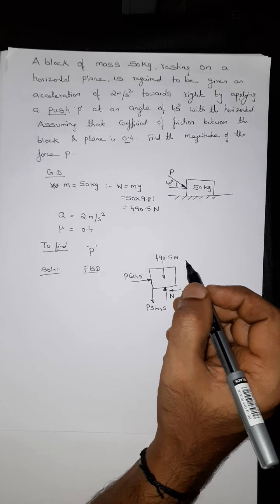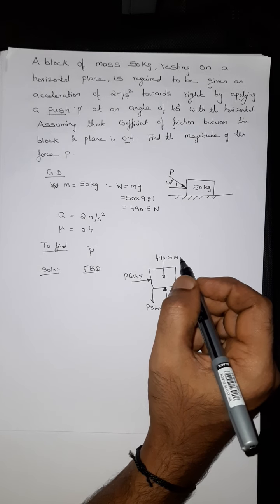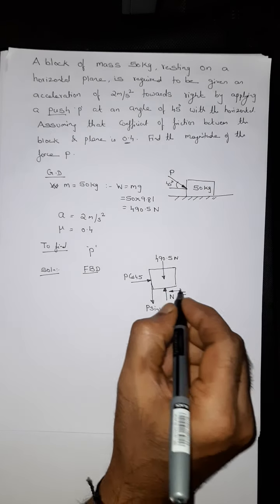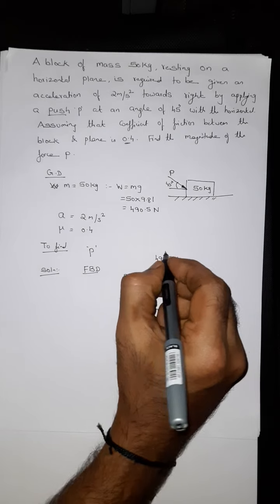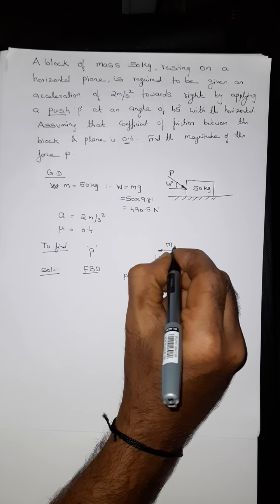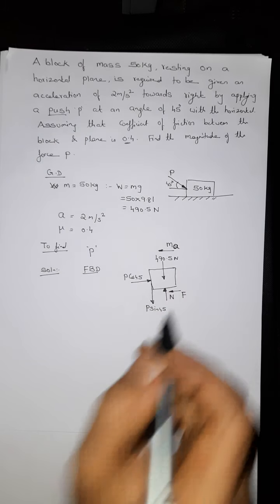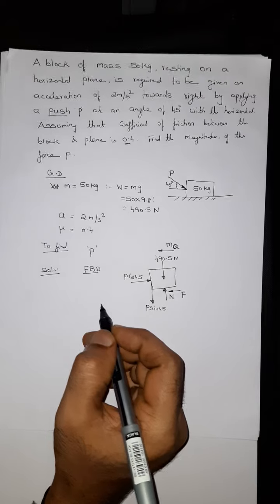What it says, there will be a resistance, that is the inertia force, which would be opposite direction of the motion. So motion is towards right, so the inertia force ma, which acts opposite direction of the motion. Fine.